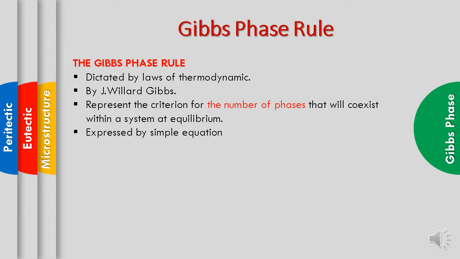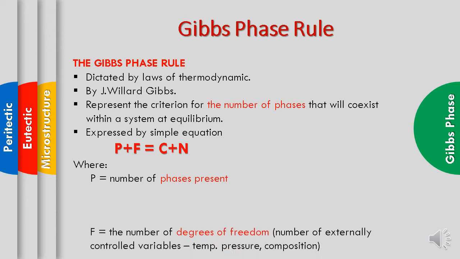It is expressed by a simple equation, which is P plus F equals C plus N, where P is equal to the number of phases present, which are phases solid, liquid, and solid plus liquid.